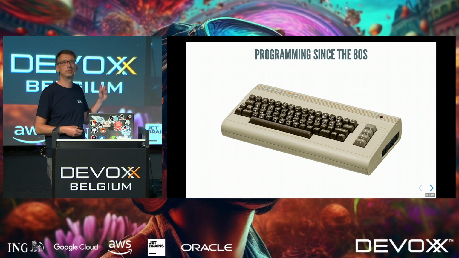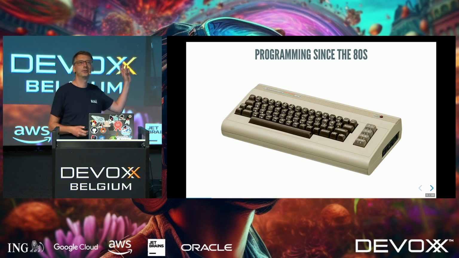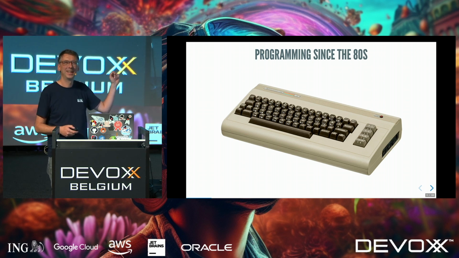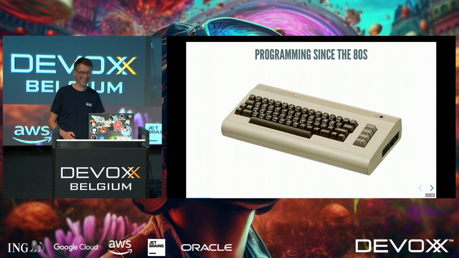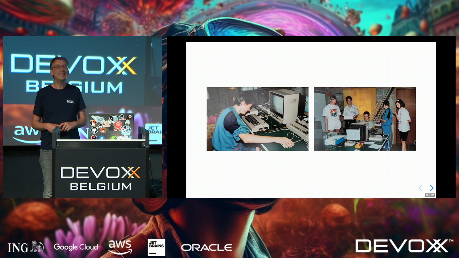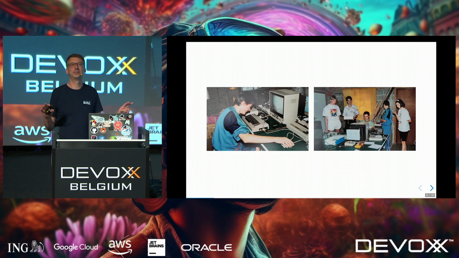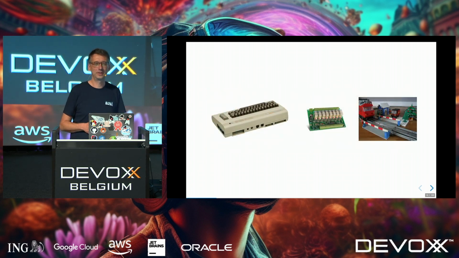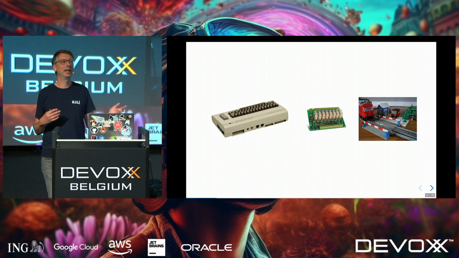I'm this old. This was my first computer. I think there are others in the room who had this as their first computer. Oh yeah, older. But at that time, we already had LAN parties, even before networks existed as we know them now, because I was using my Commodore 64 with a relay board to control my Lego train.